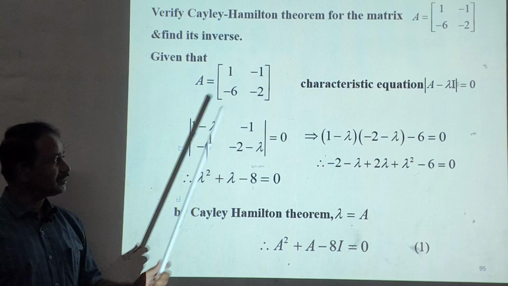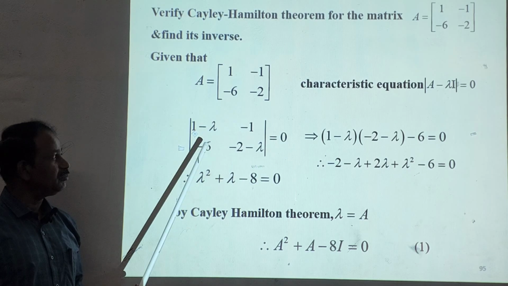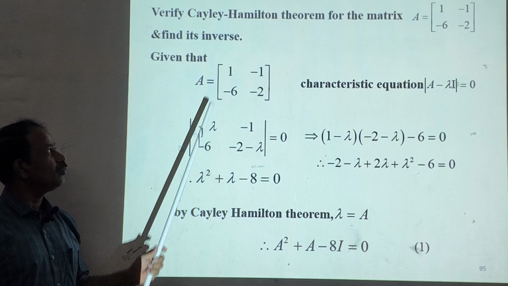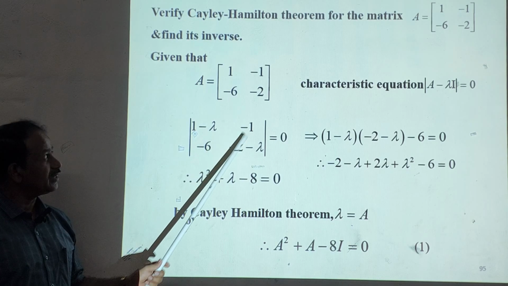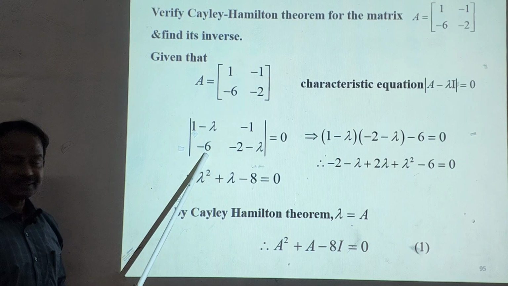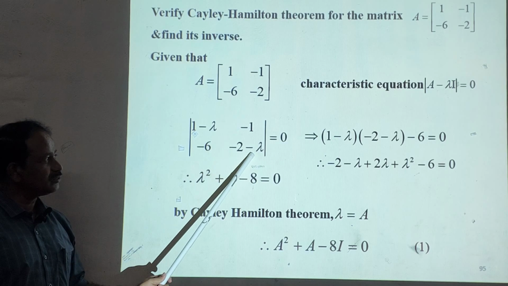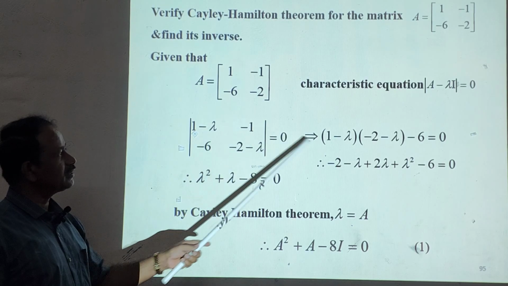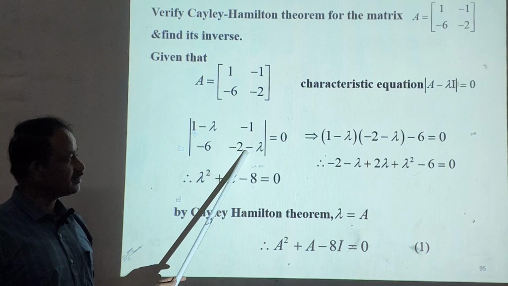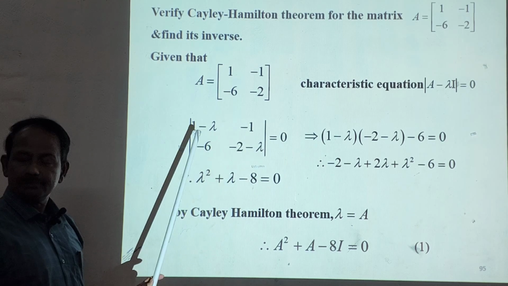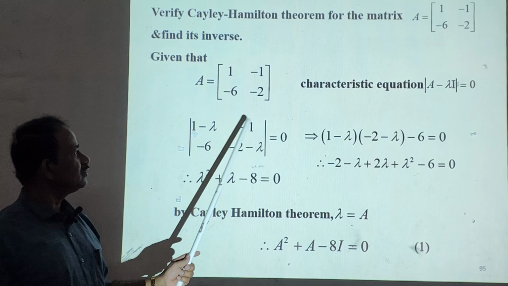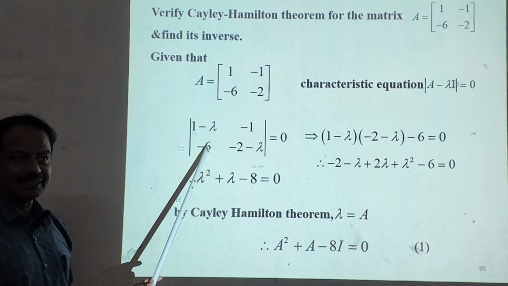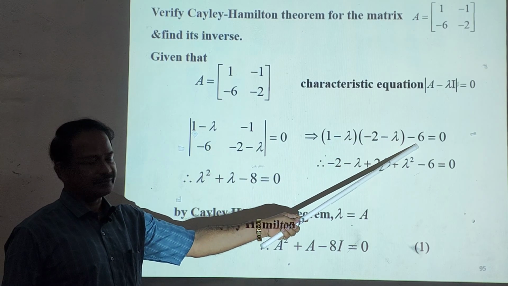Using that equation on the matrix, we obtain 1 minus lambda, minus 1 as it is, minus 6 as it is, and minus 2 minus lambda equals 0. So, take the determinant. 1 minus lambda multiplied by minus 2 minus lambda, minus the product of the other diagonal: minus 1 multiplied by minus 6 will be plus 6, and with the minus sign already there, it is minus 6.